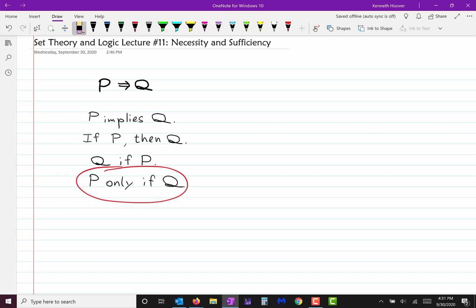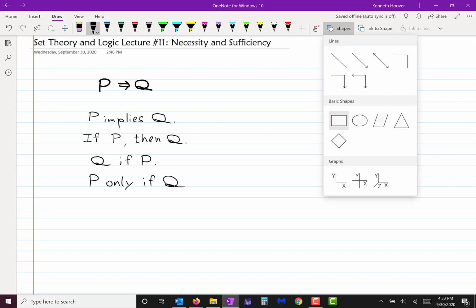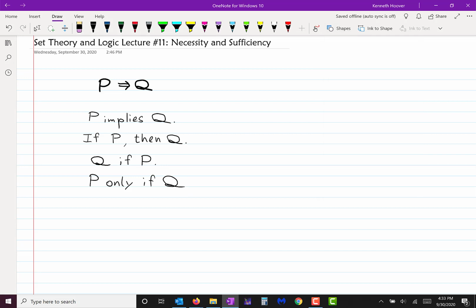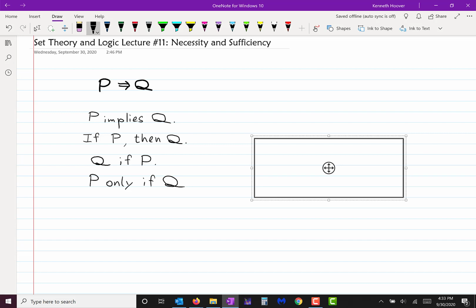I think the best way is to look at the truth table for P implies Q. All right, let's look at that. Let me remind you of how that truth table looks.